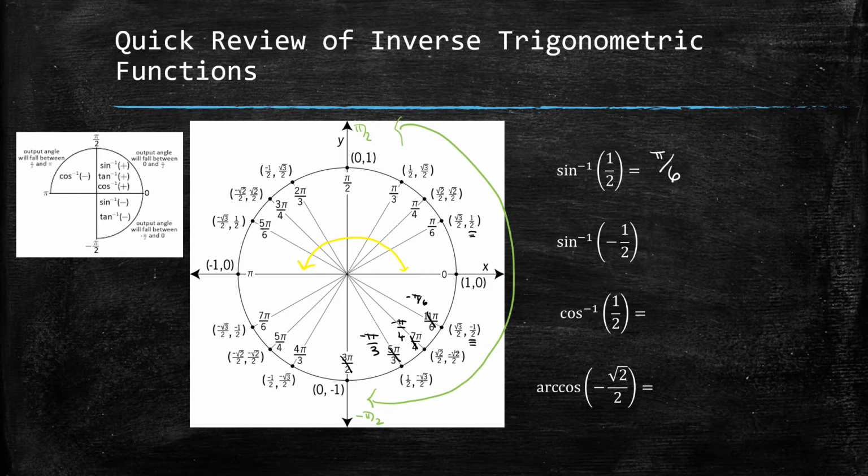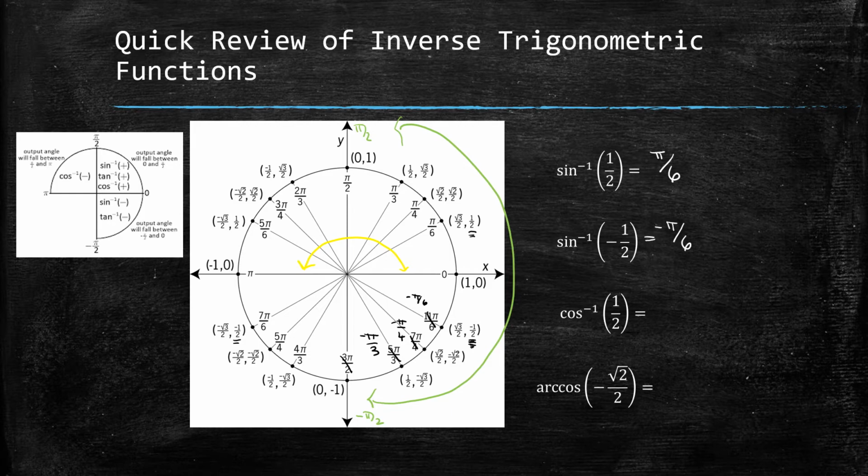We don't care about the one over here in the third quadrant, 7 pi over 6, because it's not from the bottom to the top. So only this one here in the fourth quadrant, and we're going to use the negative angle, so negative pi over 6. If you write this answer as 11 pi over 6, that is incorrect because those are 2 different values. So we need negative pi over 6.